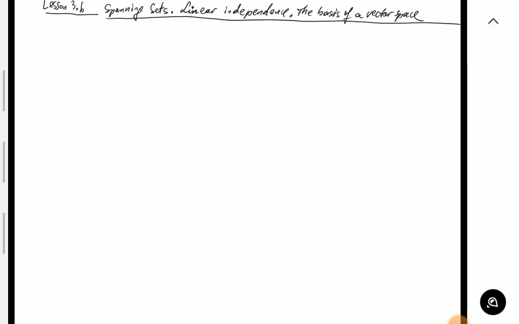Some of the related concepts you can see in the title are the so-called spanning sets and linear independence. As you will see toward the end of this lesson, the basis is essentially a set of vectors that encapsulates both the concept of a spanning set and of linear independence.